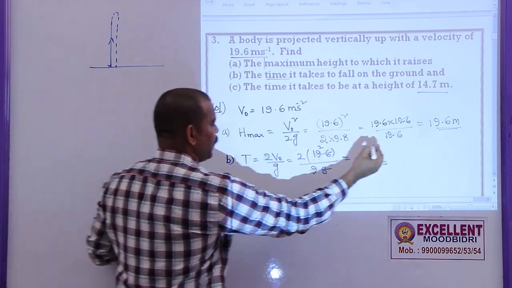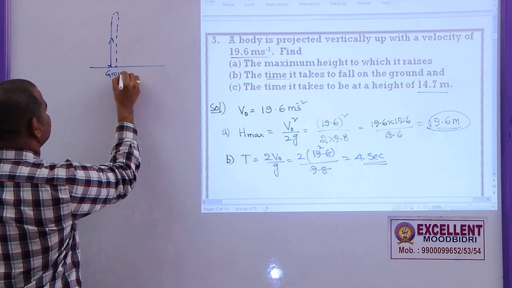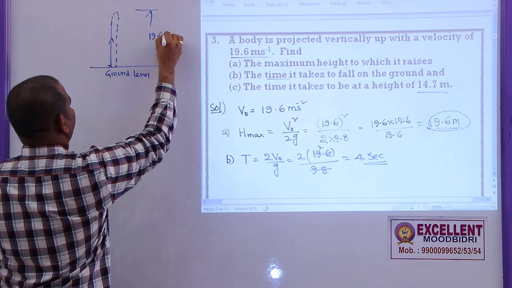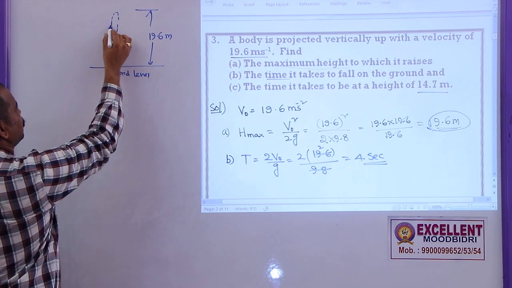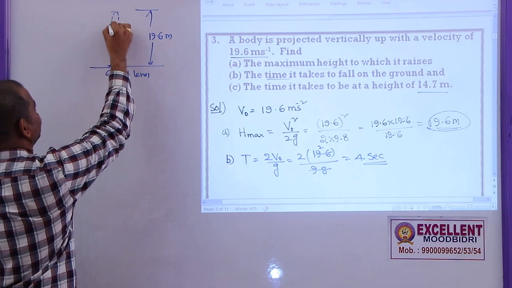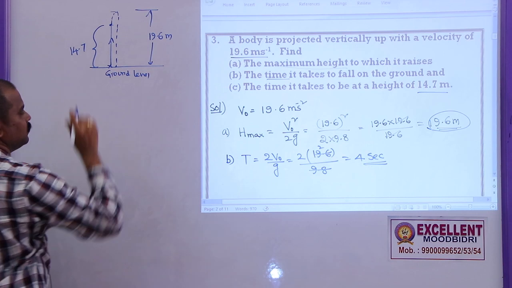So, here what is the maximum height? 19.6. So, this is the ground level, and this is 19.6 meters. If it is 0, 10 meters, 15, this is 19.6. When will this body be at 14.7 meters?